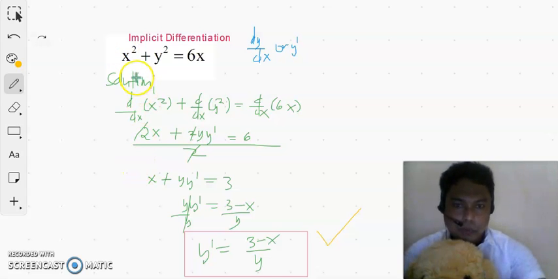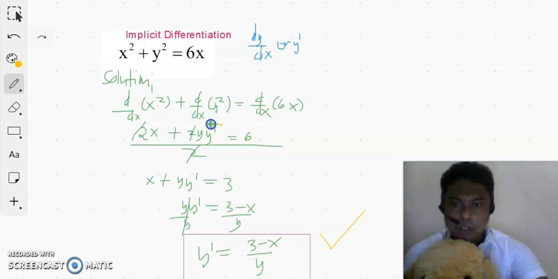If you're going to differentiate y with respect to x, you put y prime or dy over dx. That's why we have here y prime. So therefore, we're going to simplify, and then we can arrive at this answer. y prime is equal to (3 minus x) over y.